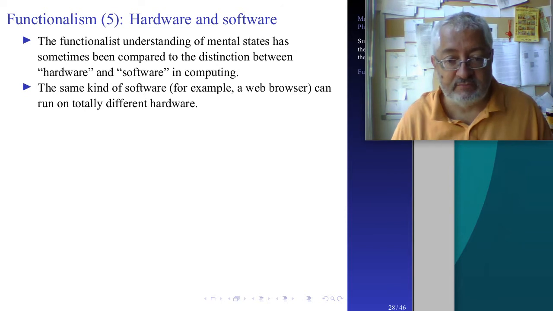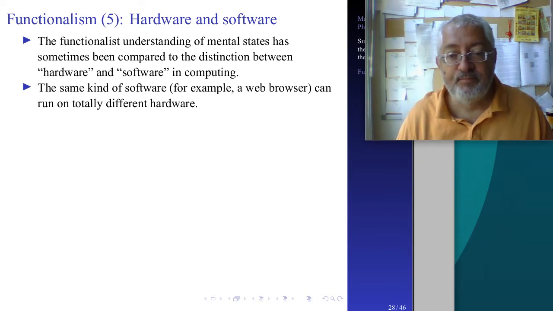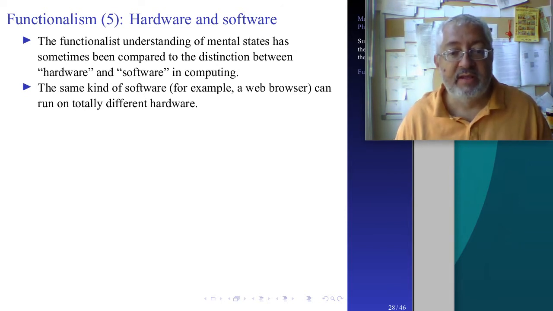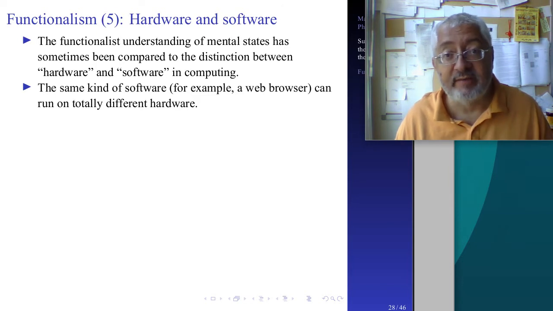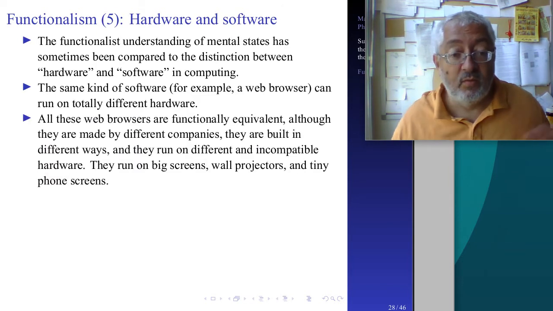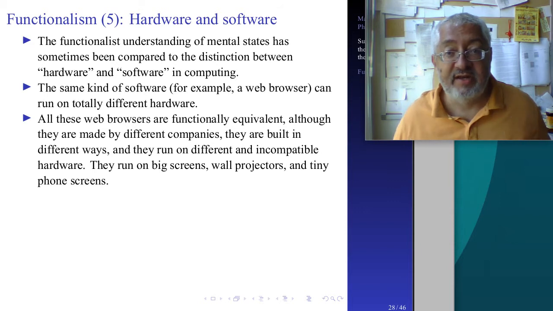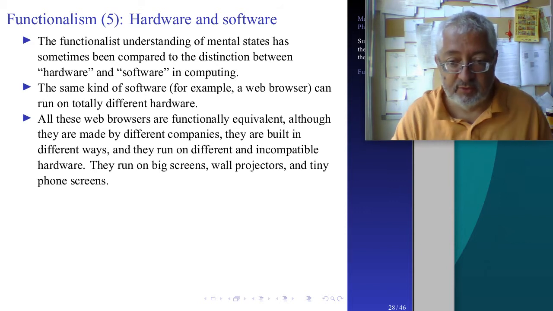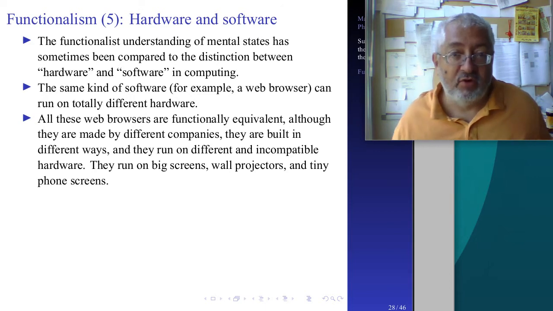In computing, right? The same kind of software, for example, a web browser, can run on totally different hardware. All these web browsers are functionally equivalent, whether you use Firefox or Chrome or the Internet Explorer. They are more or less functionally equivalent, although they are made by different companies. They are built in different ways. If you look at the code, it's totally differently organized.